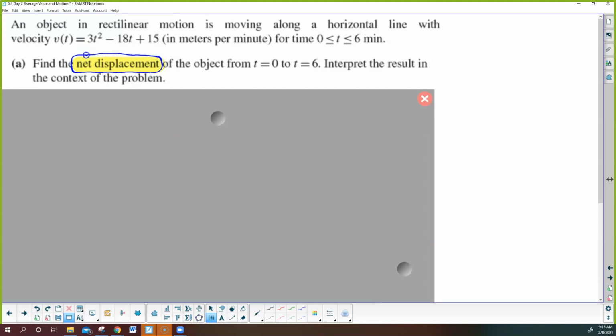So your net displacement is basically adding up all of the positive and all of the negative area, and we're just finding our regular area underneath the curve.